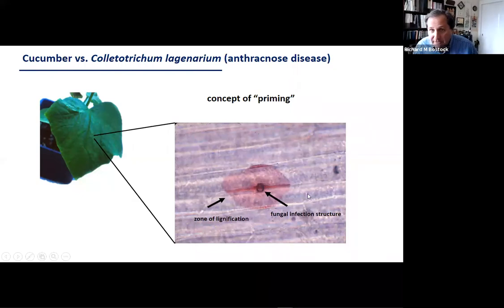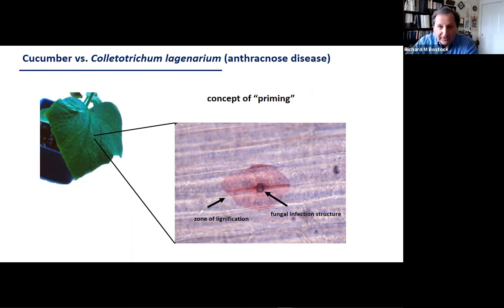This is actually from a cucumber plant from a colleague of mine who did this many years ago. And what you see, where a fungal spore, a fungal infection structure is, is this zone of lignification right around that site of attempted infection. You don't want the plant to lignify everywhere, because that would be bad. But what you do want is for the plant to respond just where it needs to, at the right place and the right time, and to do it very effectively.